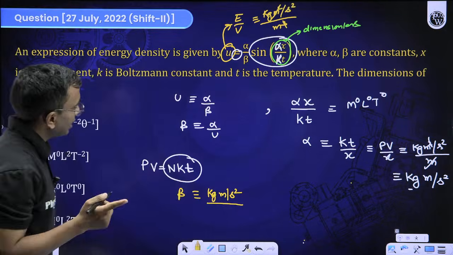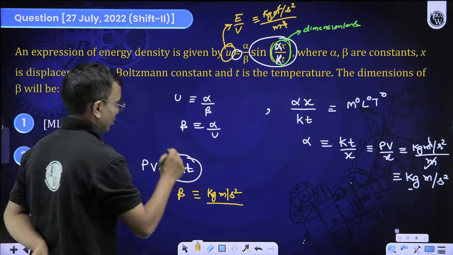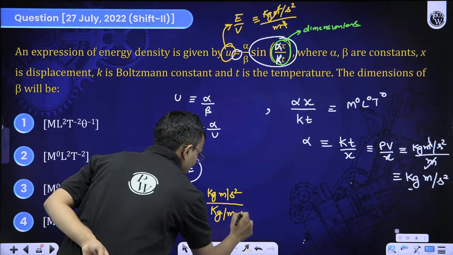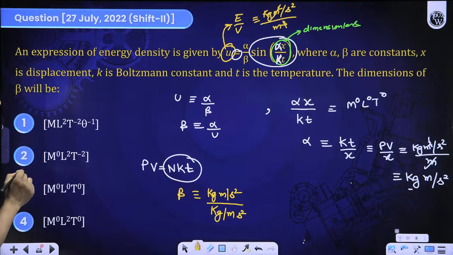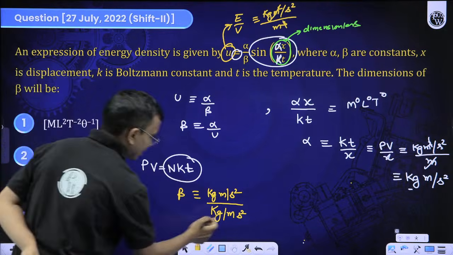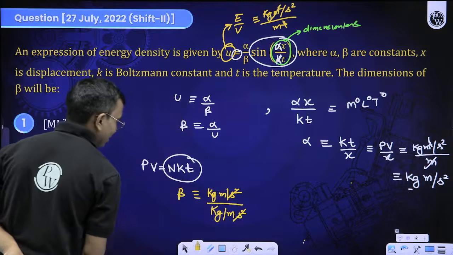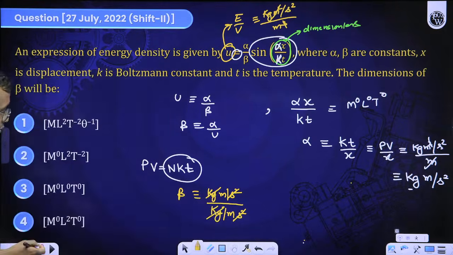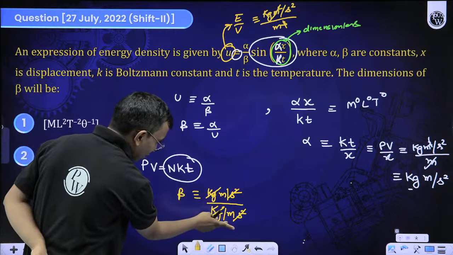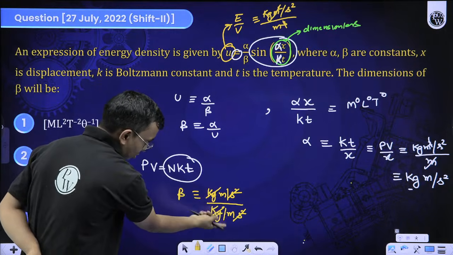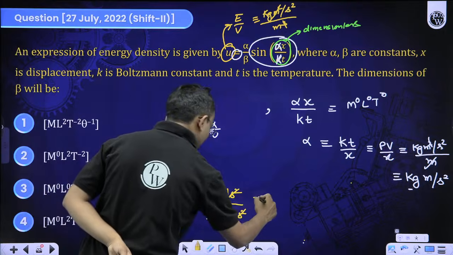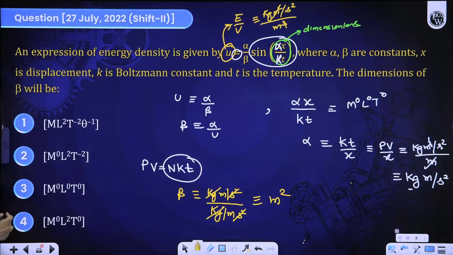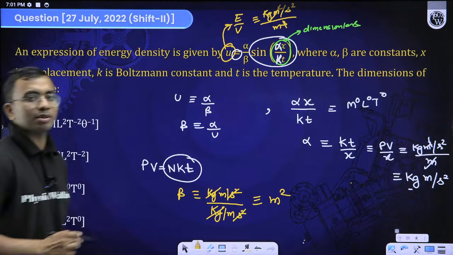So it is kg per meter second square. Like this, this and this are getting cancelled. What we are getting is just 1 by meter. This 1 by meter will go in the numerator. It will just become meter square. So I'm getting M^0 L^2 T^0. The fourth option is coming here.